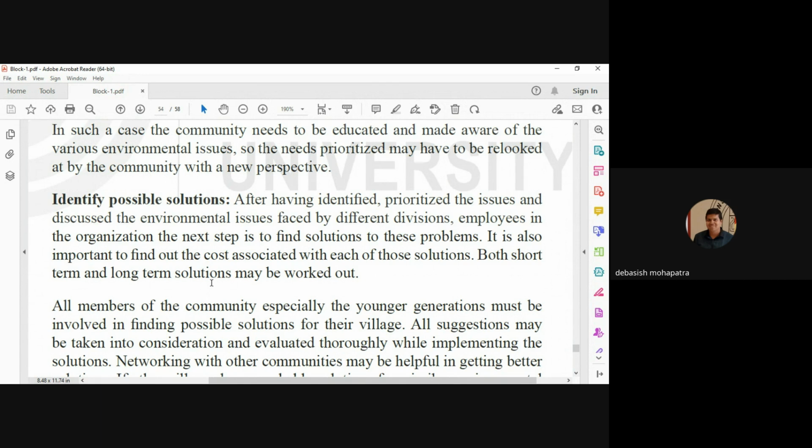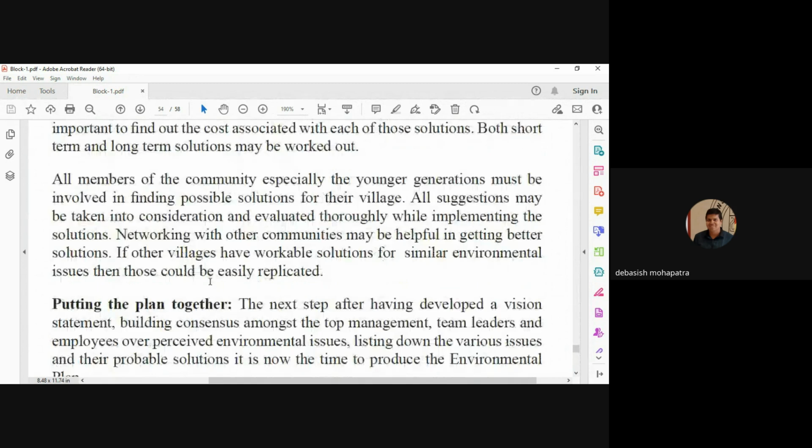Then all members of the community, especially the younger section, must be involved in finding possible solutions.